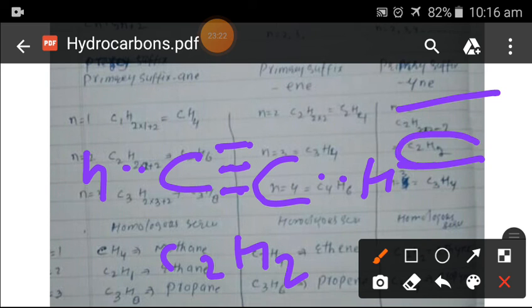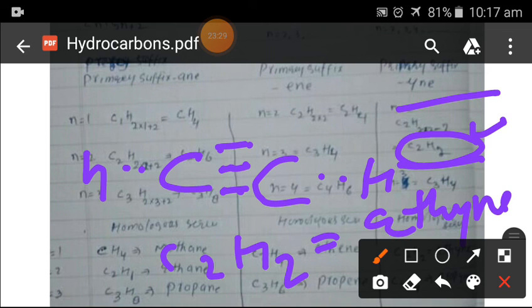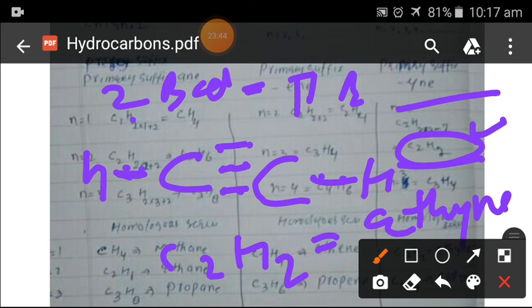C2H2 is the first member here. Clear? What is this called? This is called ethyne. Clear? So there is a formation of a triple bond between carbon and carbon. But among these triple bonds, two bonds will be pi bonds and one bond will be a sigma bond. Clear? The pi bonds will be above and below, and one will be the sigma bond.